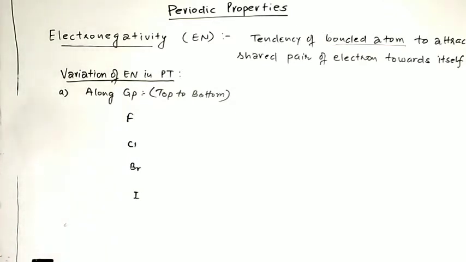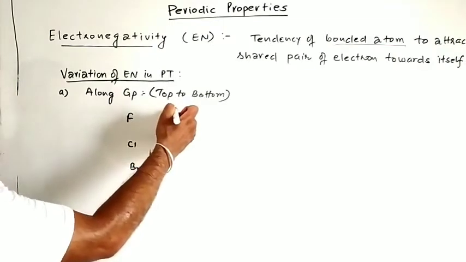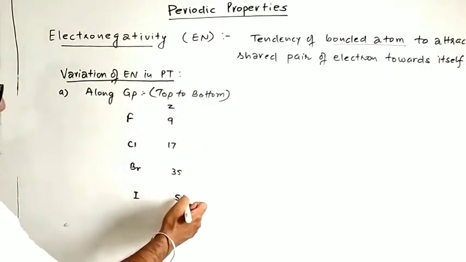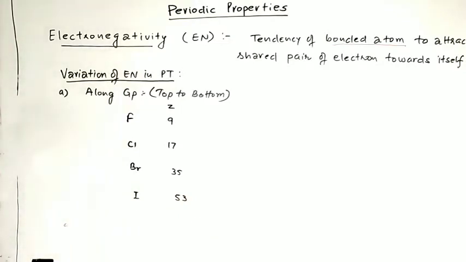Atomic number Z is 9, 17, 35, 53. If we talk about the nuclear charge, that increases, because the nuclear charge Z is the nuclear charge here, not the atomic number. That increases with atomic number.